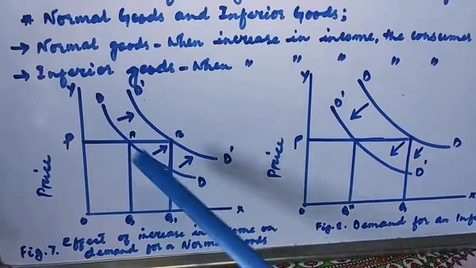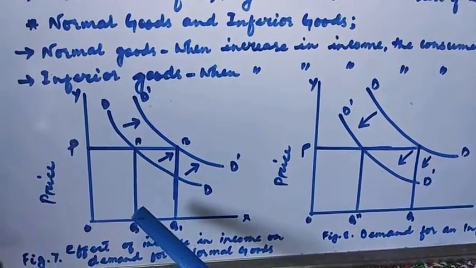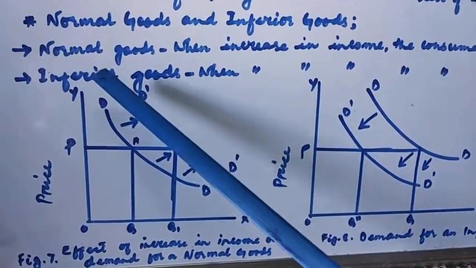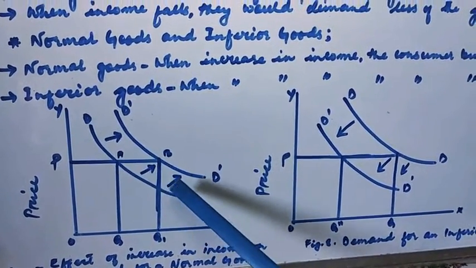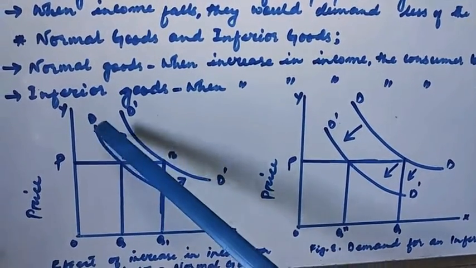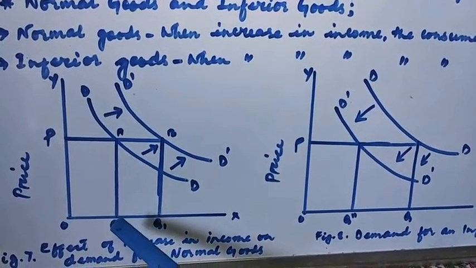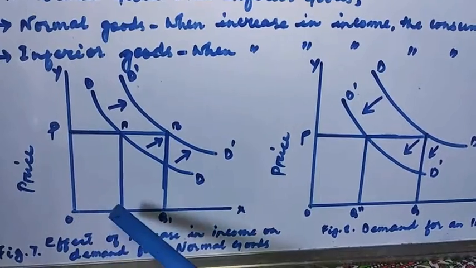This is in case of a normal good, remember. So before the rise in income at P price, the consumer's demand curve is DD, and the quantity demanded is OQ.